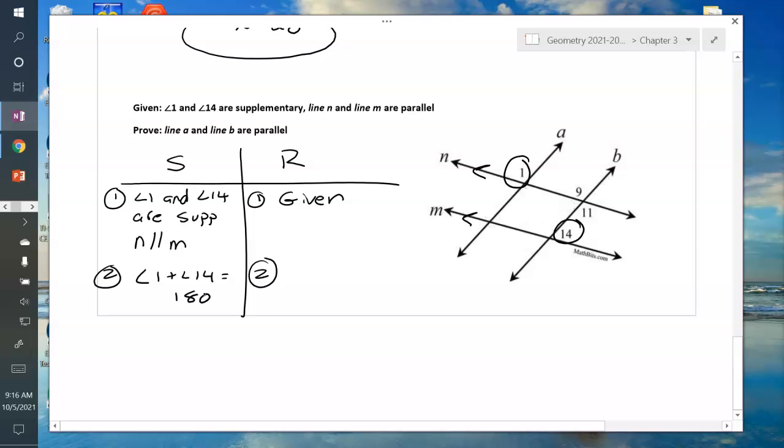Okay. I also know that because line M and N are parallel, I am allowed to say that angle 14 and angle 11 are supplementary. And this is because they're same side interiors. Okay.